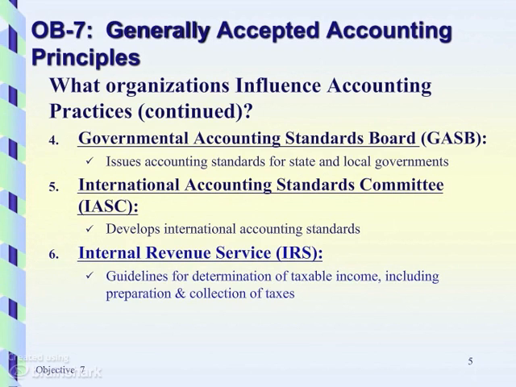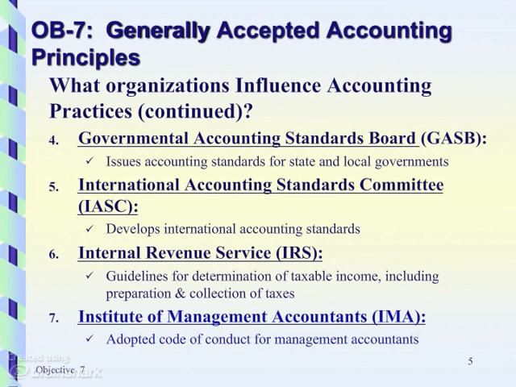Next is the Internal Revenue Service. The Internal Revenue Service provides guidelines for the determination of taxable income, including the preparation and collection of taxes. This particular group is important because corporations generate profits and therefore must pay some form of taxes on their income, so we have to make sure, as we're developing our financial statements and records, that we're paying the appropriate amount of taxes for that income.